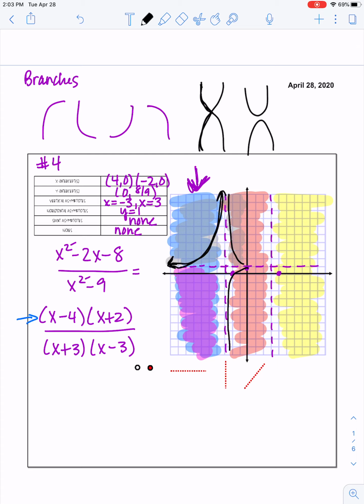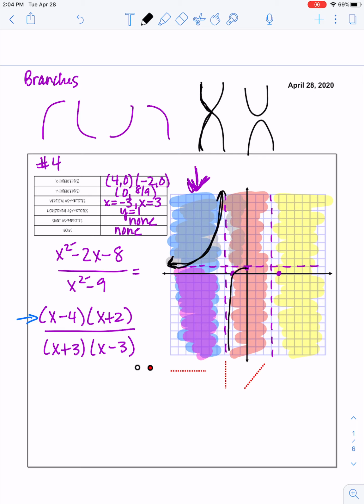It can't be both, it has to be one or the other. And clearly, I see it has to be the bottom, because I have 2 points on my graph and my branch needs to go through those points. So it can't be this one. Okay, so I'm going to take that one off. And I see that it has to be the bottom one.